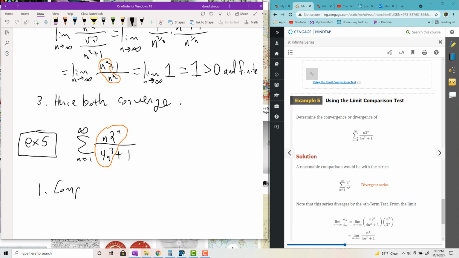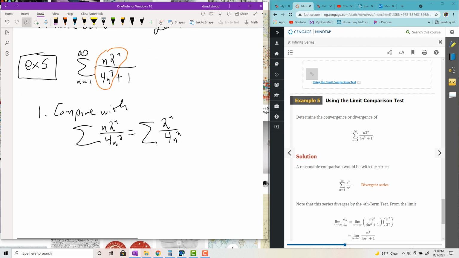So I'm going to compare with the series n times 2 to the n all over 4n cubed, and then you could simplify that into 2 to the n all over 4n squared. The book gets rid of that constant 4, which is perfectly legal because it's not going to affect the behavior of the series. So you just look at 2 to the n over 4n squared if you want. It's not going to matter.